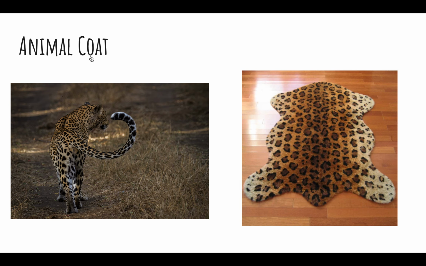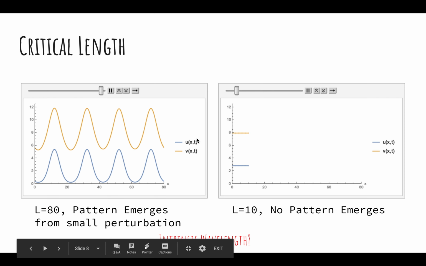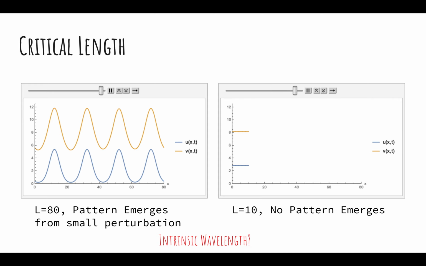Now, the third characteristic is the critical length. This animation is not working, but it's the same animation as the one before. As you can see, both start with a uniform distribution with some noise, but on the left it forms a periodic pattern, on the right it doesn't. Why?